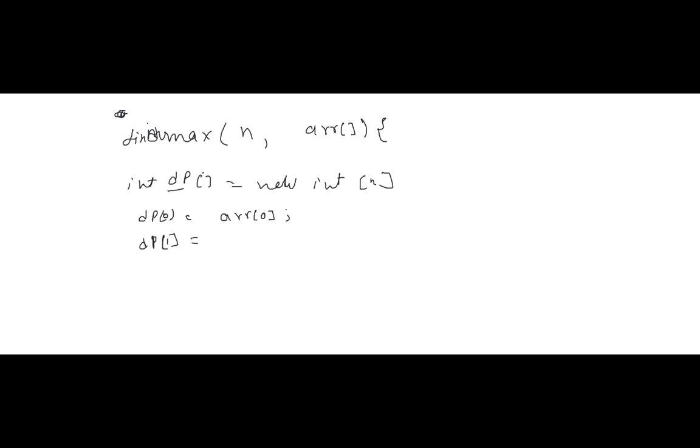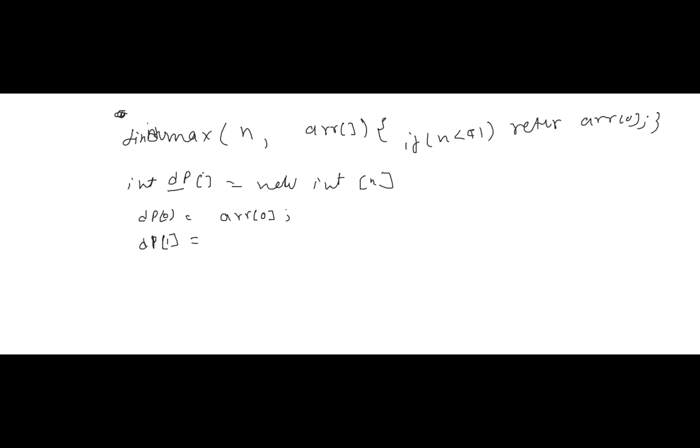Before that, we should also put the condition: if n is less than or equal to 1, we should return ARR of 0, because we have only a single house, so we don't need to worry about anything, right?